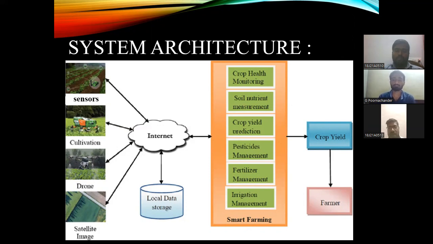In smart farming, we can do crop health monitoring, soil nutrient measurement, crop yield prediction, pesticide management, fertilizer management, and irrigation management. By all these, we can improve the crop yield by telling the farmer to use this type of chemicals for crops. Next.